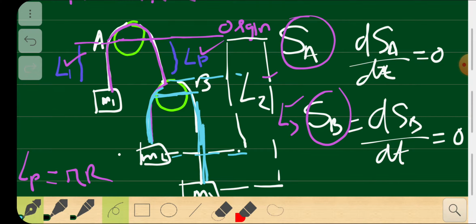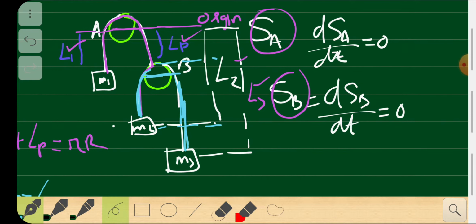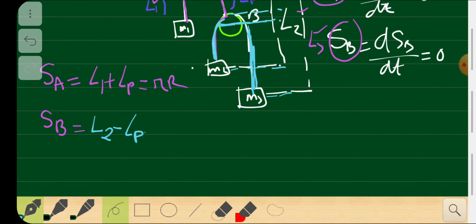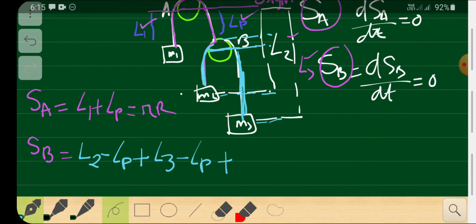Remember that I'm taking the center as LP, so this distance will be L3 minus LP. So that plus L3 minus LP plus the same pi r.